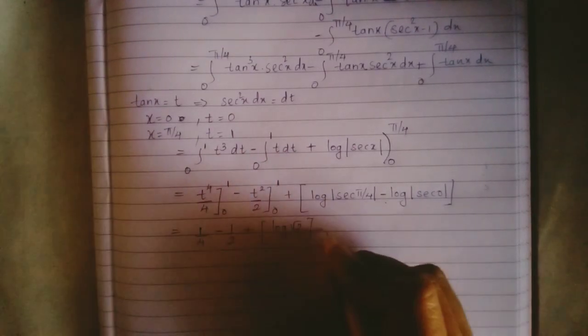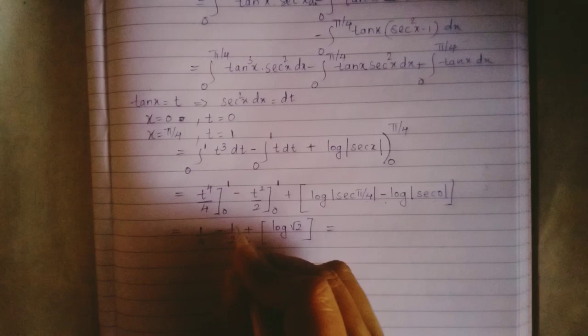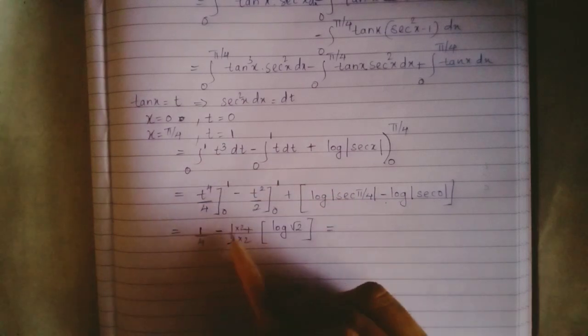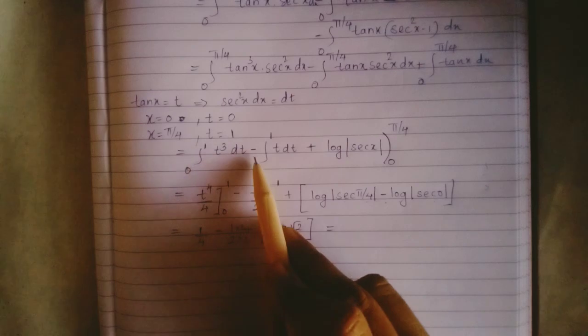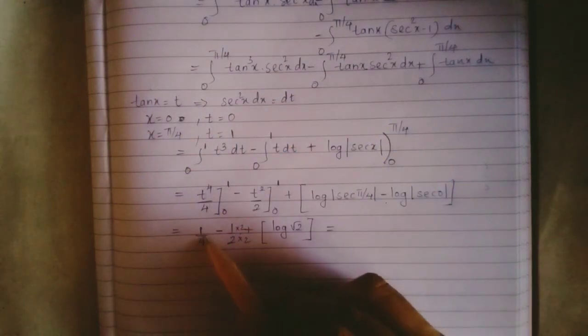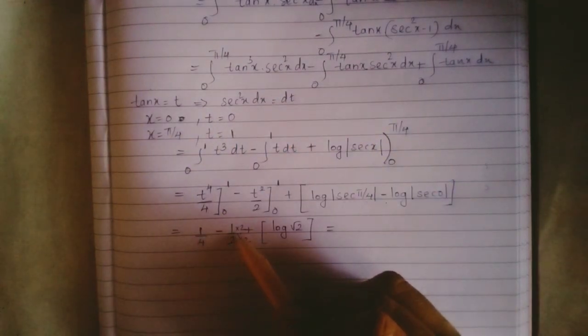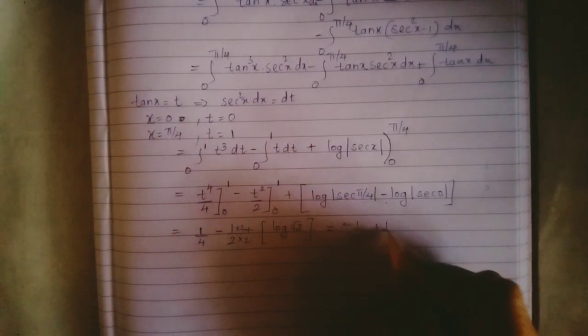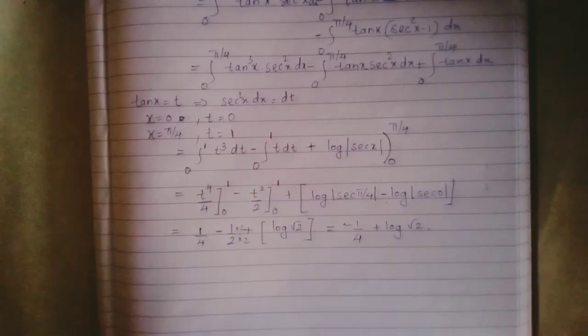So 1 by 4 minus 1 by 2 is minus 1 by 4, plus log of root 2.